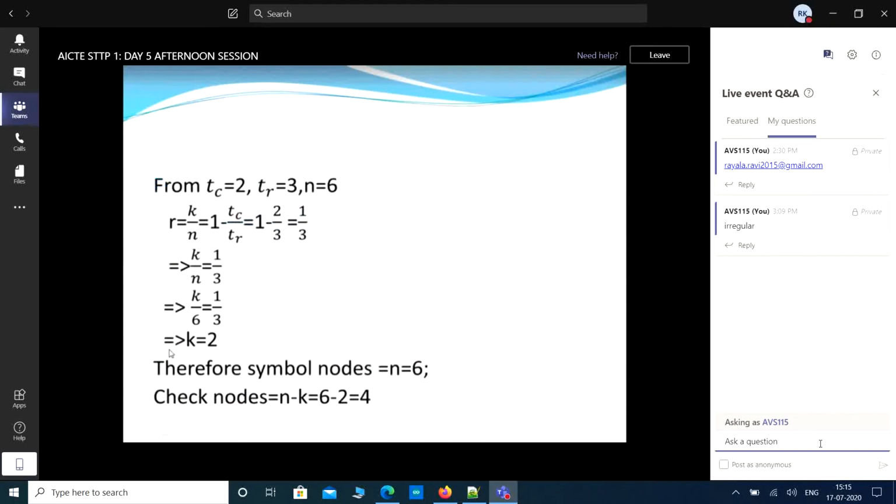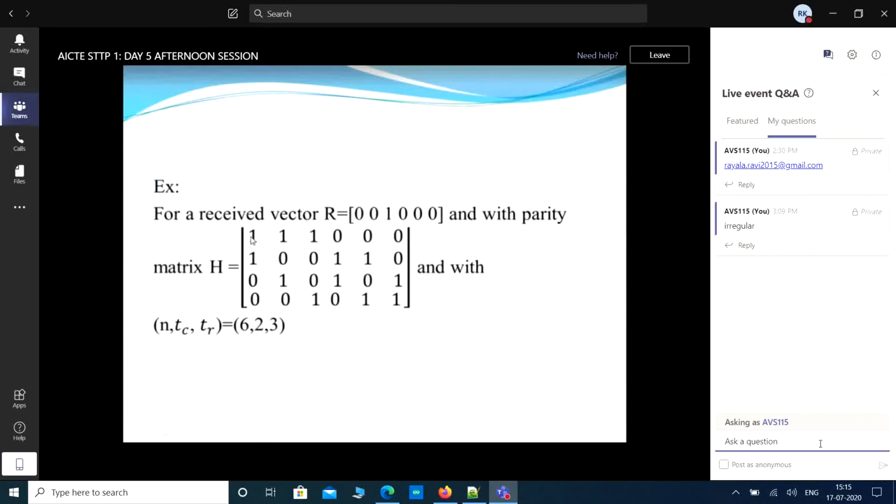So in the H matrix, S naught to C naught is 1, and S naught to C1 is 1. Again, the second column indicates the second variable node, S1, or a symbol node. S1 is connected to C naught. S1 is not connected to C1.